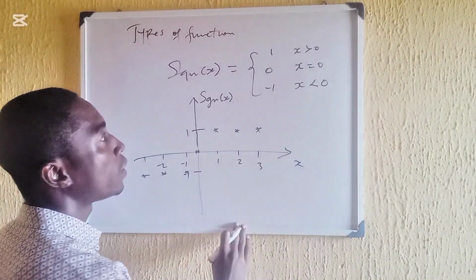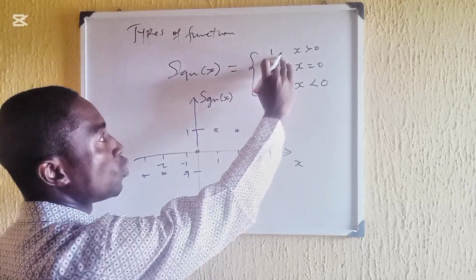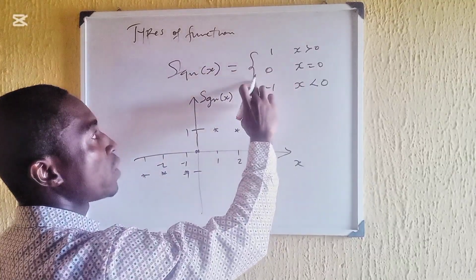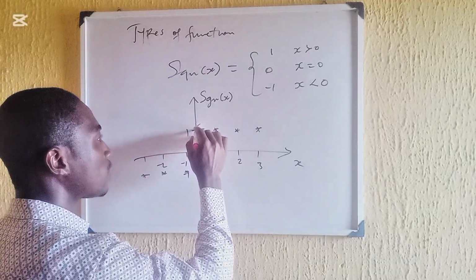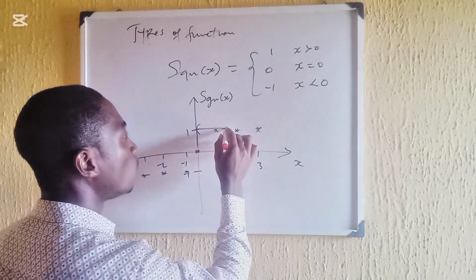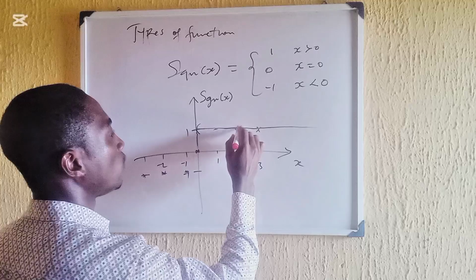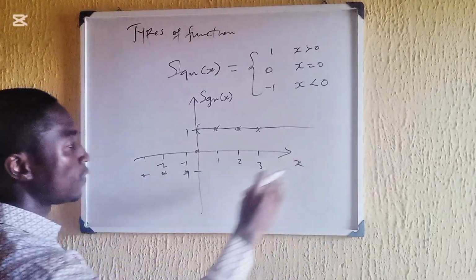So how do we draw the line? Looking at this equation, you can see that the signum function is equal to 1 when x is greater than 0, but not equal to 1 when x is equal to 0. So in that case, we'll use a normal bracket here. Then we'll draw a line that extends to infinity.